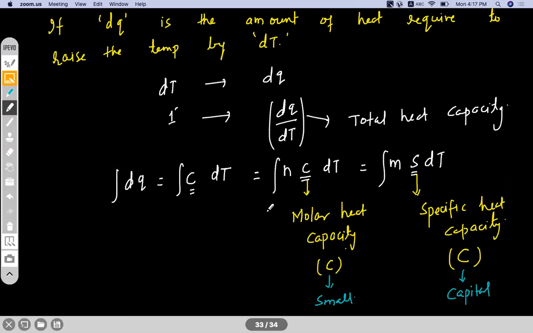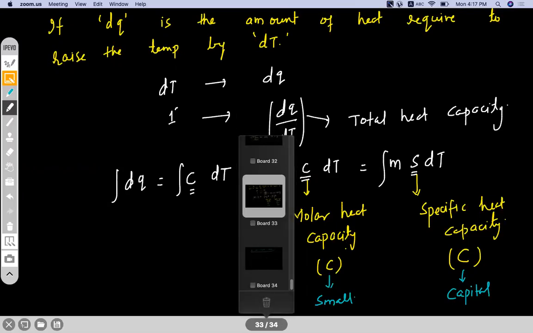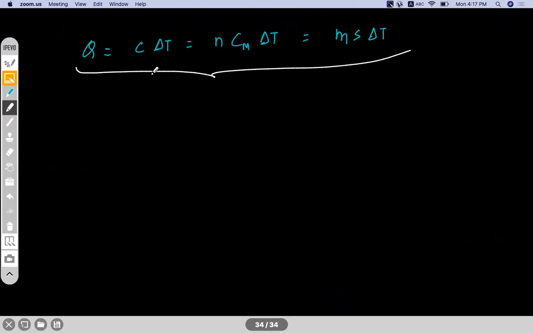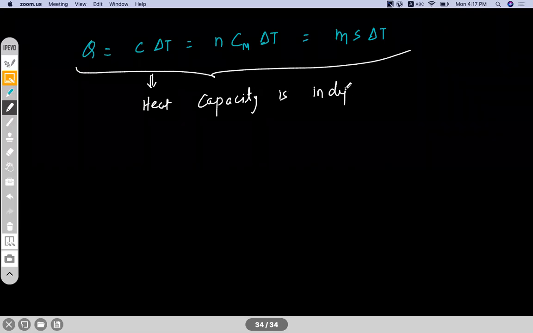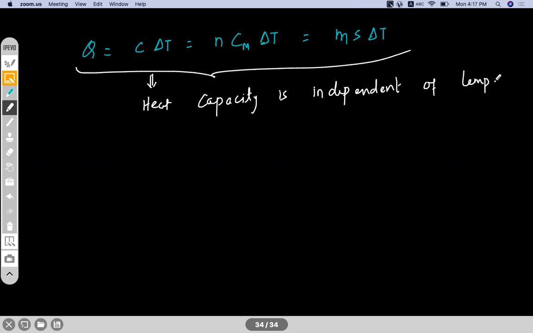So when you write this expression here, it means what? Heat capacity, whether it is molar or specific, is independent of temperature. Most of the time it is independent only.